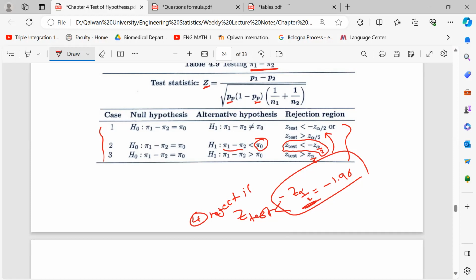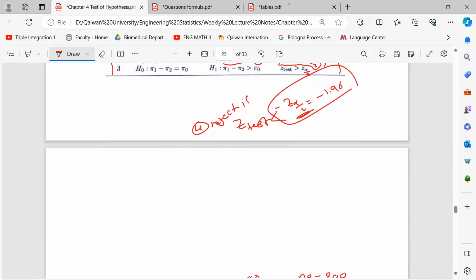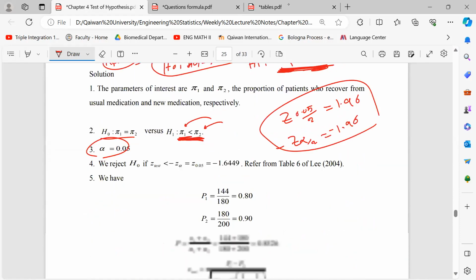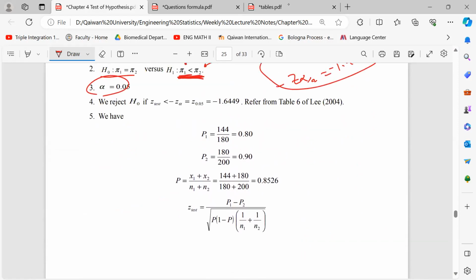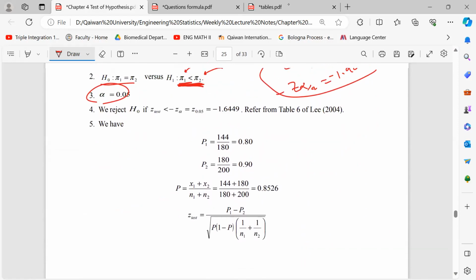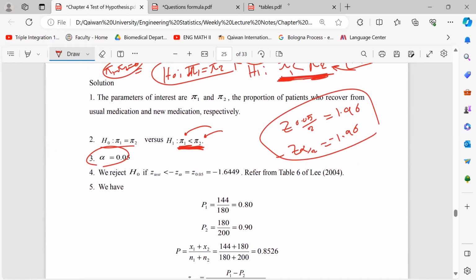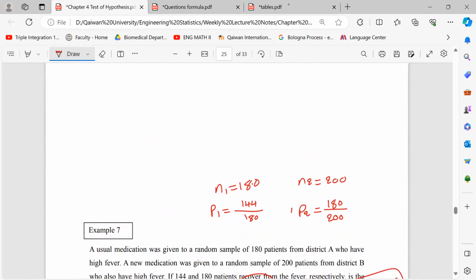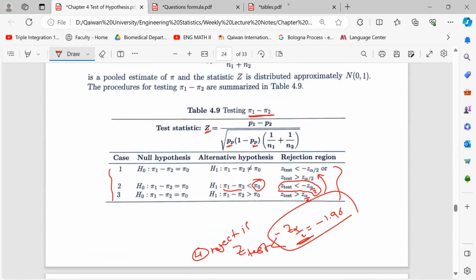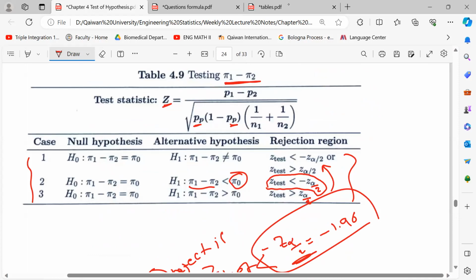Okay. Now, we find it. Oh, it's Z alpha. Sorry, it's Z of alpha, not Z of alpha over 2. It's only Z alpha, not alpha over 2 for this case.